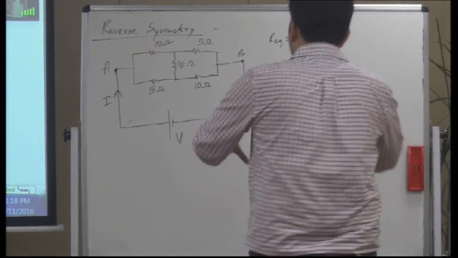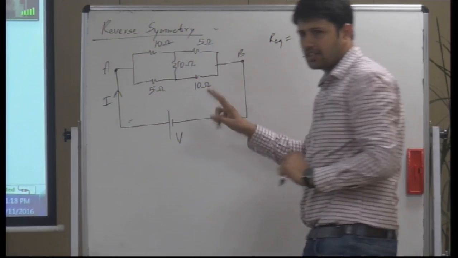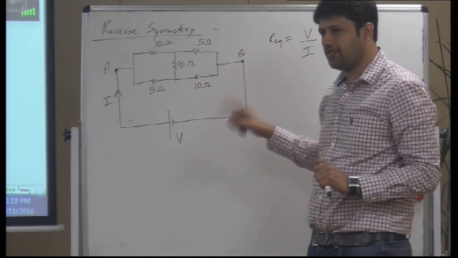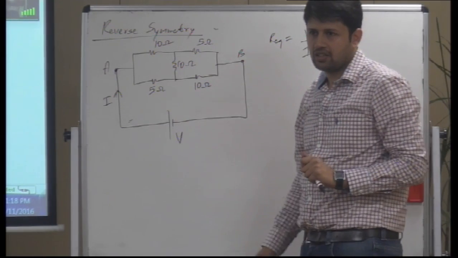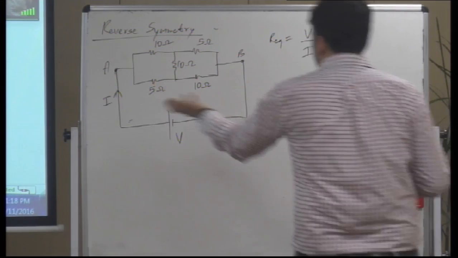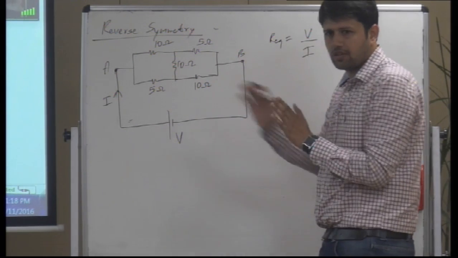Whatever this whole system is, the equivalent resistance is given by this. So if we can find the current I, or if we can find V in terms of I, we will always be able to solve the question.